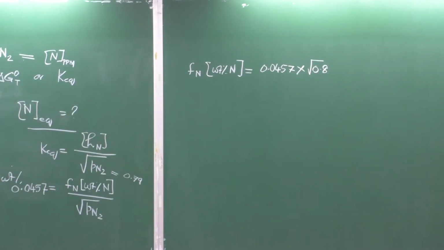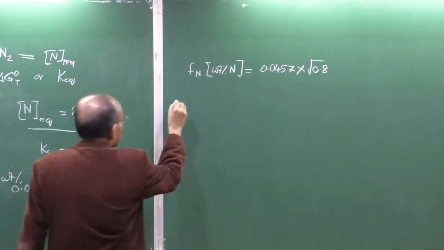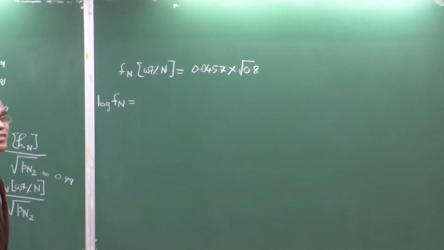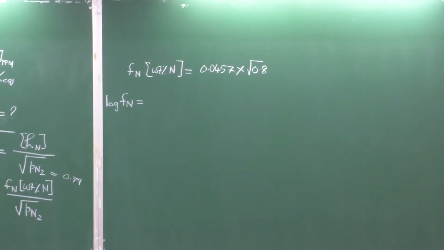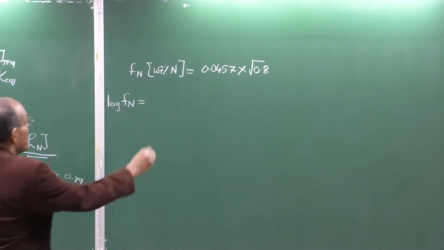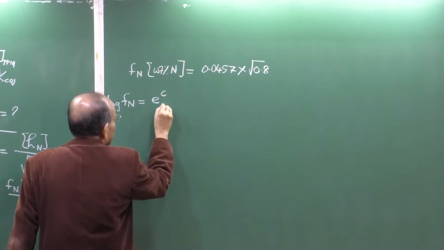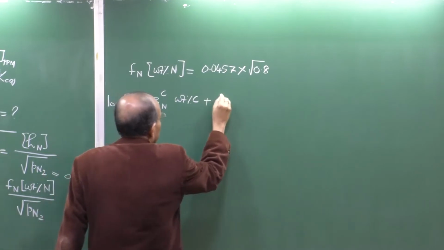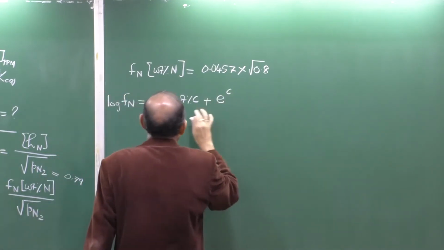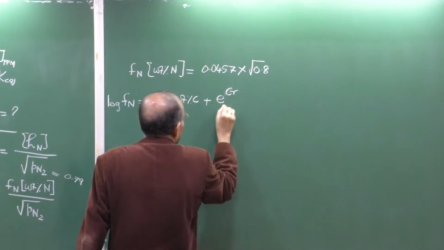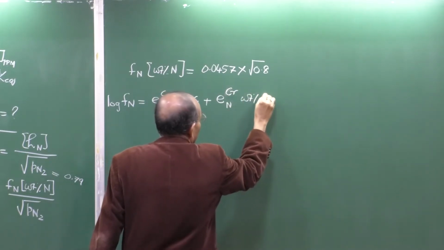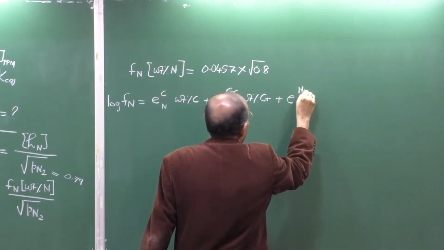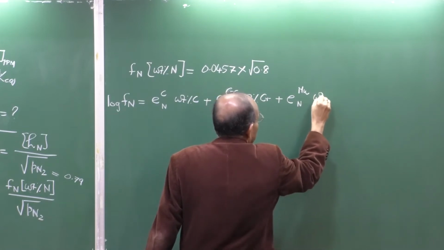Now, fN needs to be calculated. You have to know a little bit of thermodynamics here: log fN is typically given in terms of the summation of interaction parameters multiplied by the weight percentage of the alloying elements. So this could be written as e carbon nitrogen into weight percentage carbon, plus e chromium nitrogen into weight percentage chromium, plus e manganese nitrogen into weight percentage manganese.